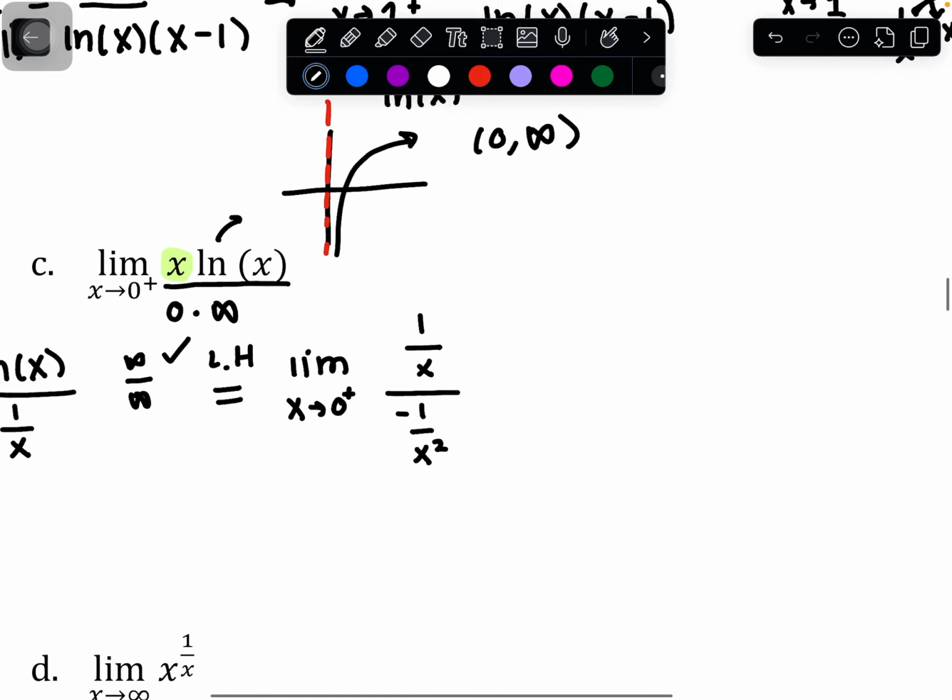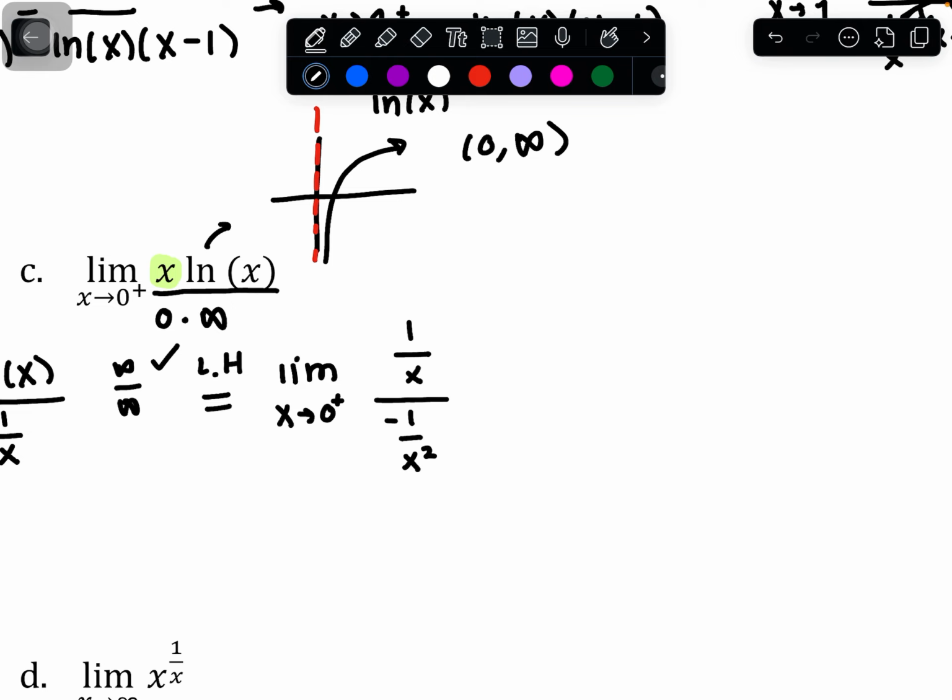Now, you might say, all right, let's just plug in 0. Oh my gosh, we're still infinity over infinity. Well, hang on. Slow down, let me do some algebra here for you. Let's clean this up a little bit. If I divide by a fraction, it's the same thing as multiplying by the reciprocal.